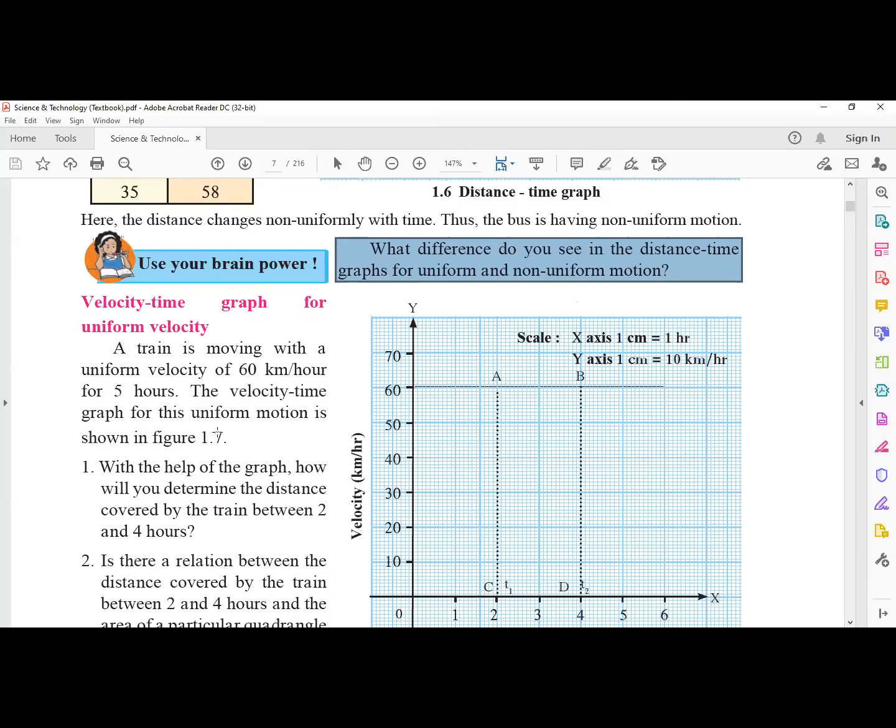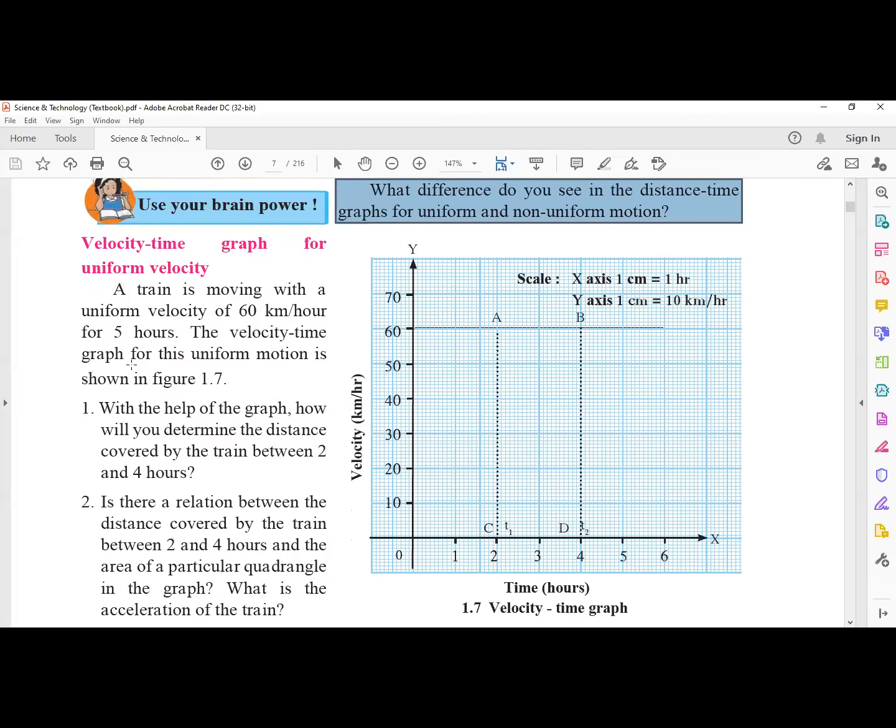One example is given over there. A train is moving with a uniform velocity of 60 km per hour for 5 hours. The velocity time graph for this uniform motion is shown in the figure.